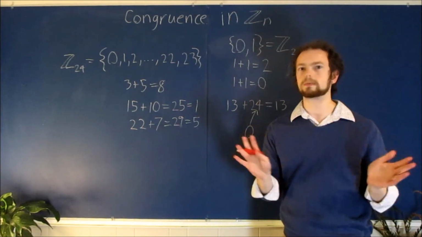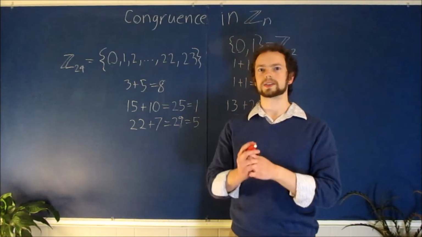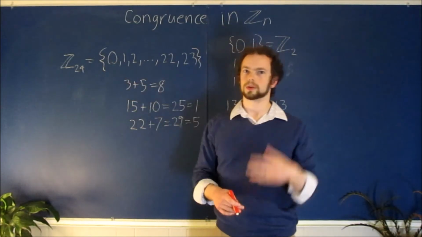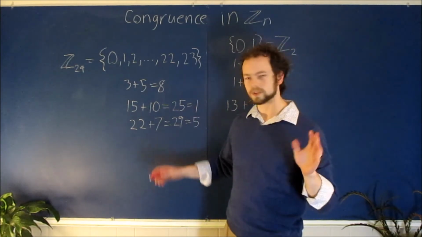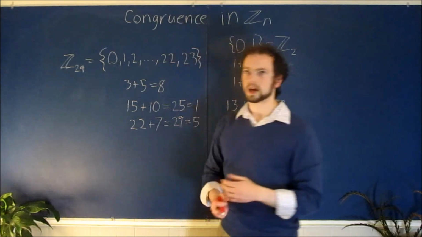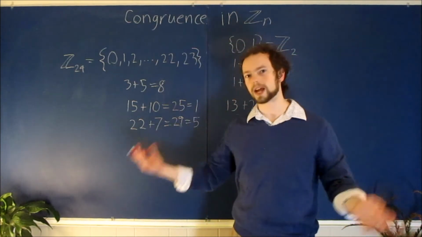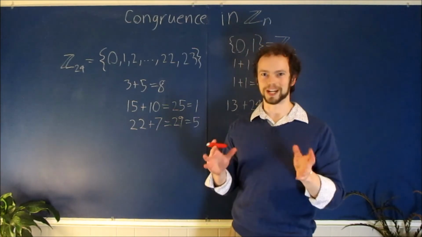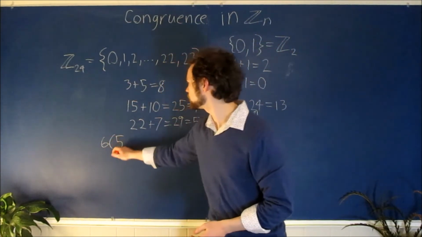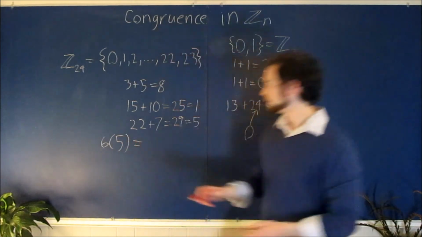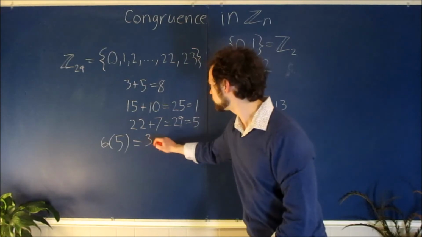So it works with that as well. And it's the same thing with multiplication. If I start at 0, so 12 at night, and I wait 6 5-hour periods of time, so we're bringing multiplication into this, 6 times 5, well, in normal integer multiplication, this equals 30.